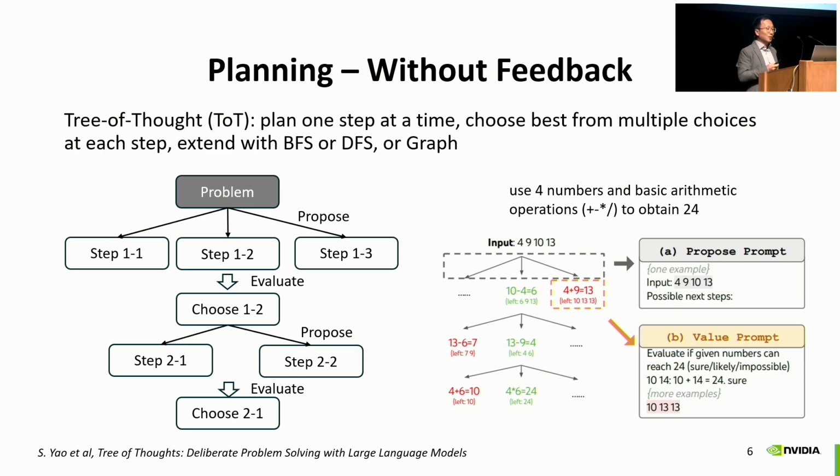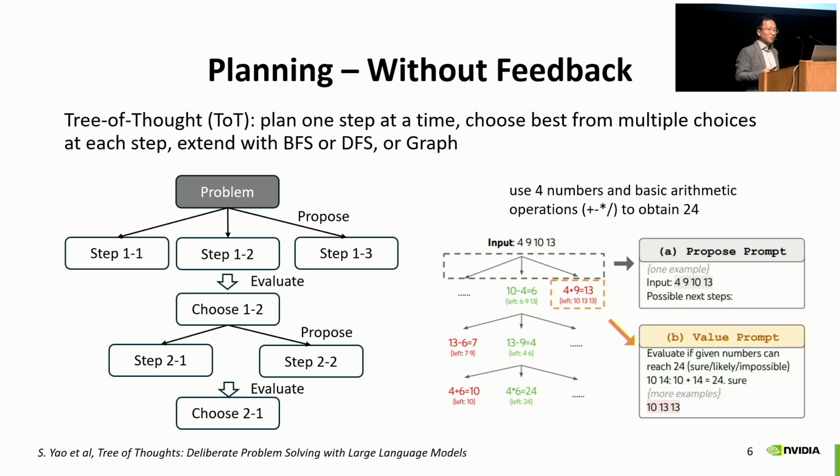Therefore, there's a different planning method called tree of thought. It makes the plan one step at a time, and at each step, it has the LLM propose several potential next steps. Then it evaluates each to find the best step to execute. This planning is like a search in a tree structure, which is why it's called tree of thoughts.